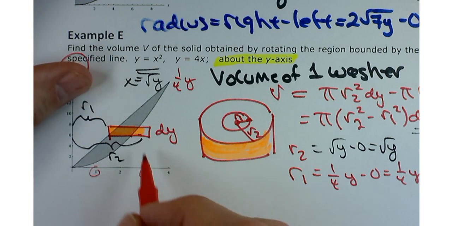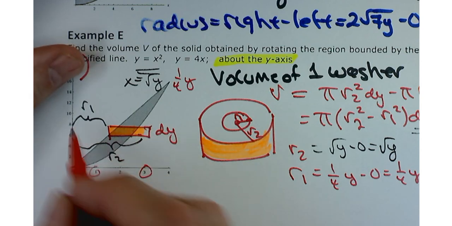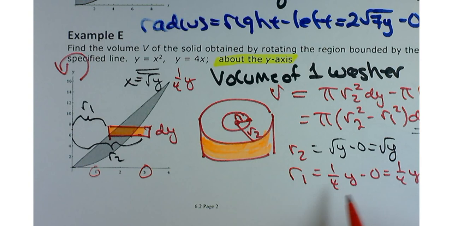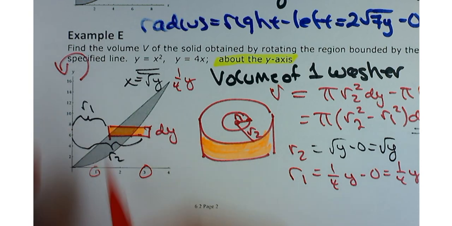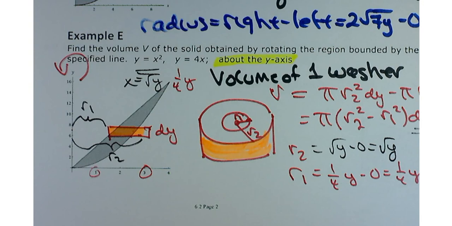In our case, we had some point, call it x, minus 0. The only reason I do that is because you're not always going to have an axis of rotation that's either the x or y axis. So I'm getting you in the habit of subtracting top minus bottom or right minus left. It's when this is a number different than 0 that you're going to have to pay more attention.